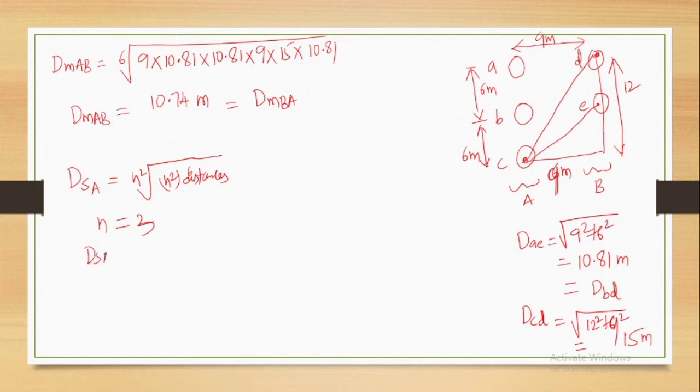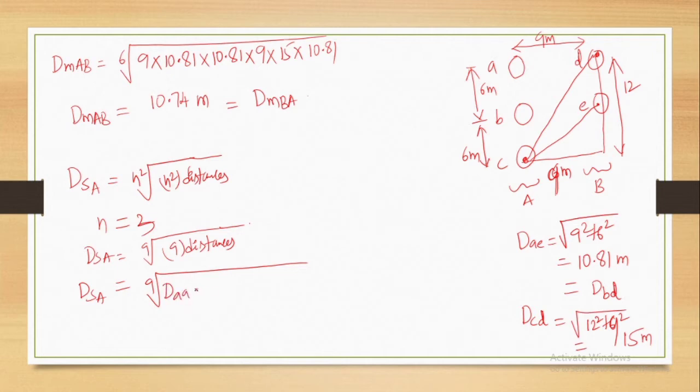So DSA is equal to the 9th root of the product of 9 distances. What are the 9 distances? First we start with A and take all the distances from A, then start from B and take all the distances from B, then start from C and take all the distances from C. What are the distances from A?